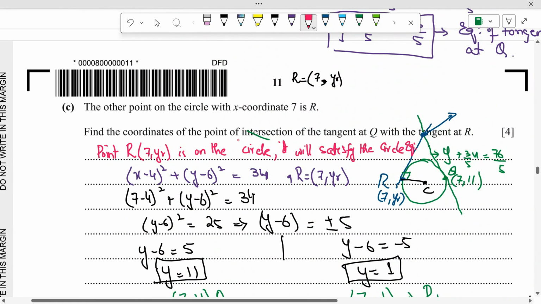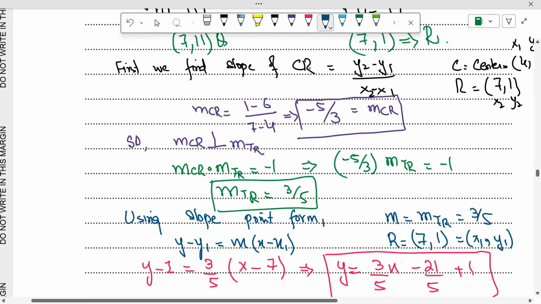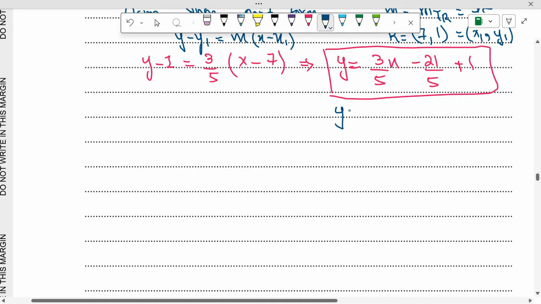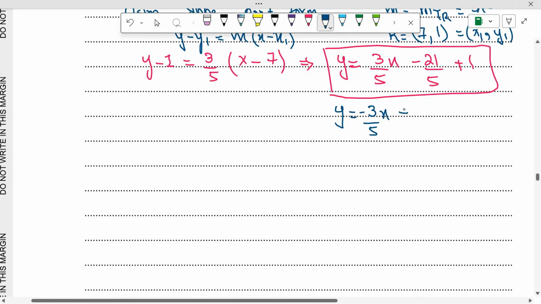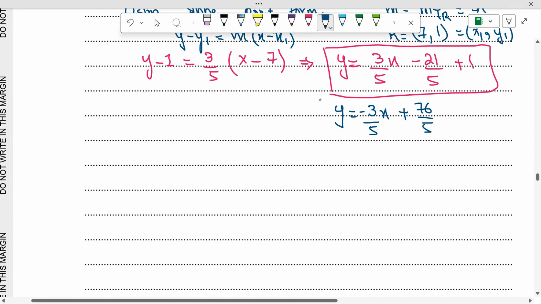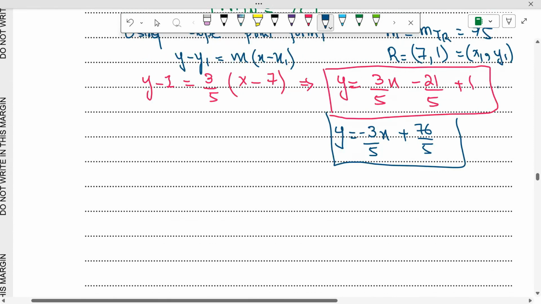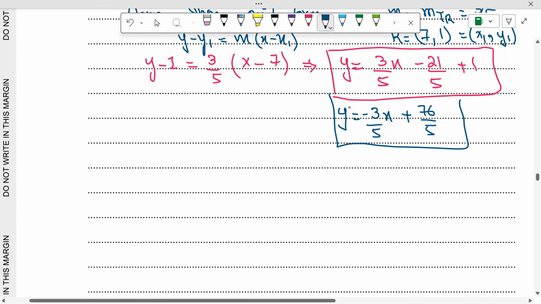We need to find the point of intersection of the tangent at R with the tangent at Q, and we know that the equation of the tangent at Q is y equals negative 3 over 5 x plus 76 over 5. Simultaneously solving these two equations, we can get the point of intersection.